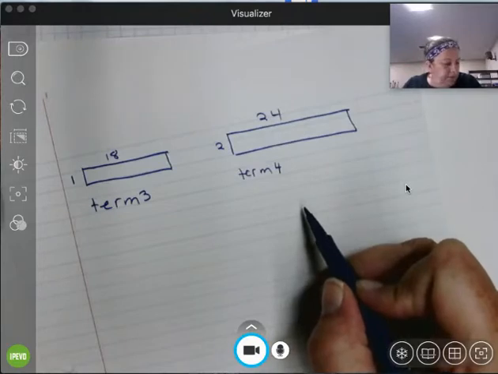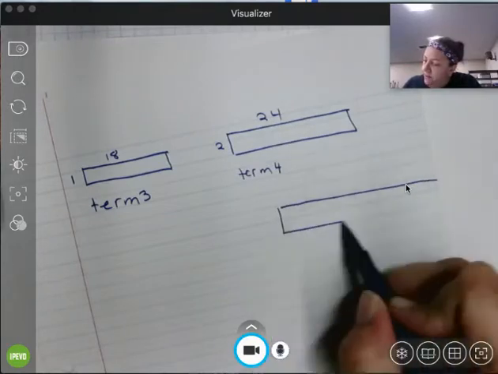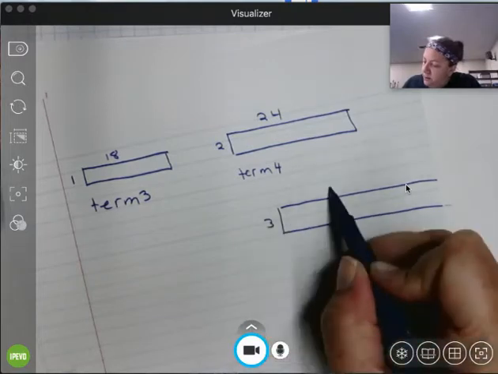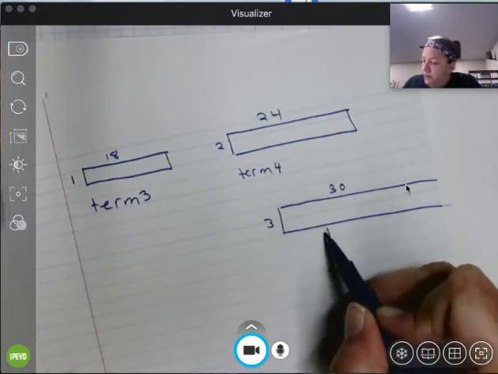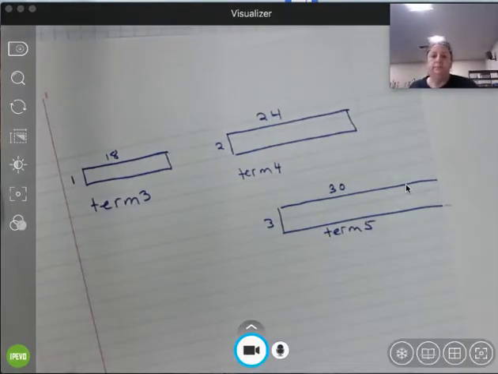And then for term 5, we're 3 by 30. If I were you, I wouldn't take the time to count all these out either. Okay, so there's my pattern.